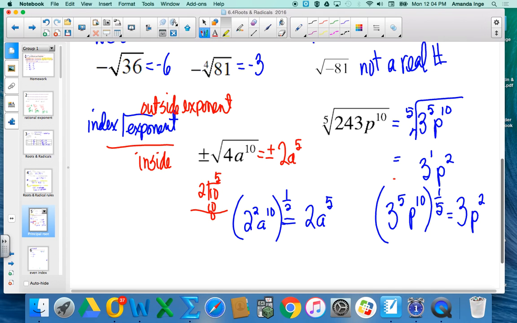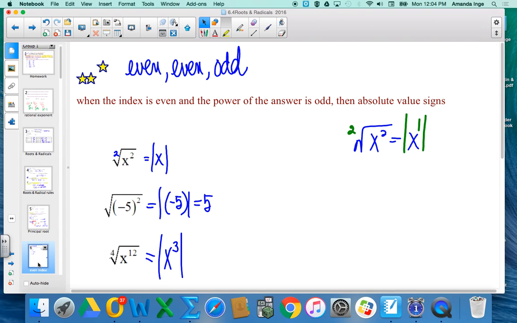There is a little rule that I've overlooked just by doing this that I need to go over. And I call it even, even, odd. That's not really its name, but that's what we're going to call it, even, even, odd.